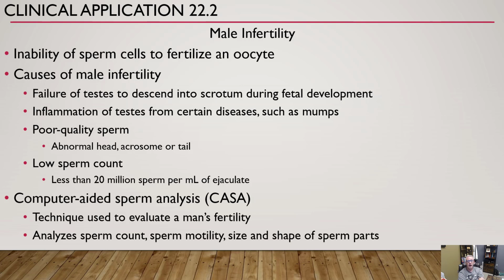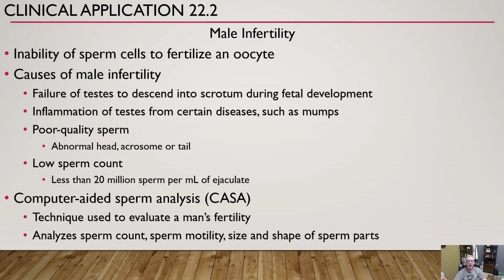It could be you had mumps as a kid, and the mumps caused the sperm to be non-motile or non-functional. You could have poor quality sperm. You could have an abnormal acrosome on the head of the sperm.